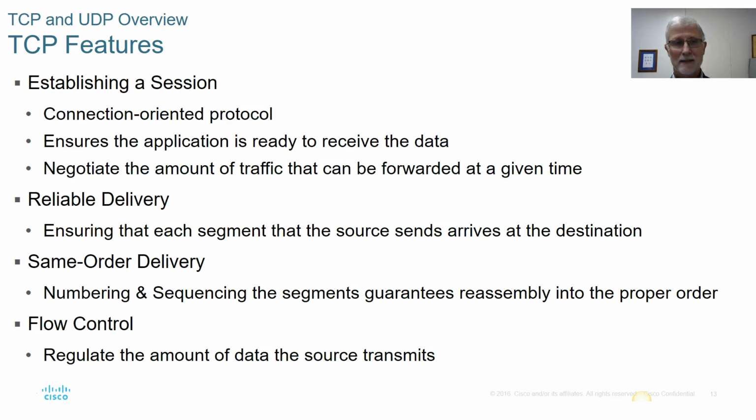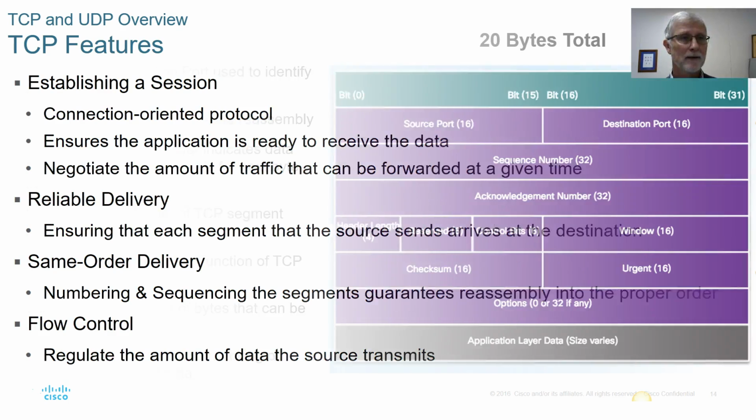I make sure that once it goes to the application, I've got the same order. So if something's missing, I'm asking for retransmission, and then once I get everything, I put it all back in the same sequence and send it up to the application. The other thing I worry about is flow control. Am I receiving too much data at one time? So slow it down, speed it up, whichever way.